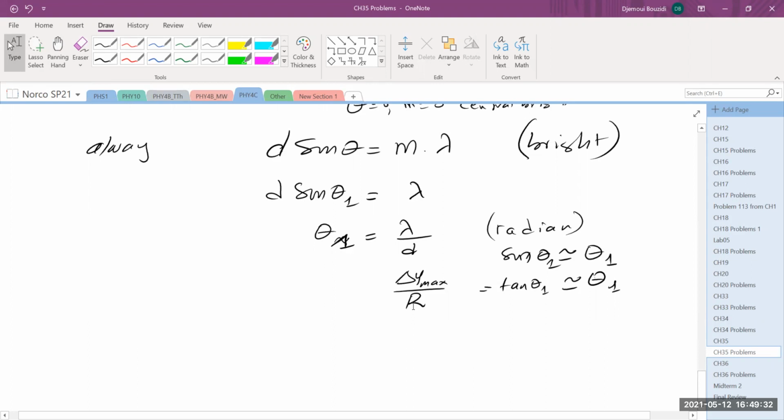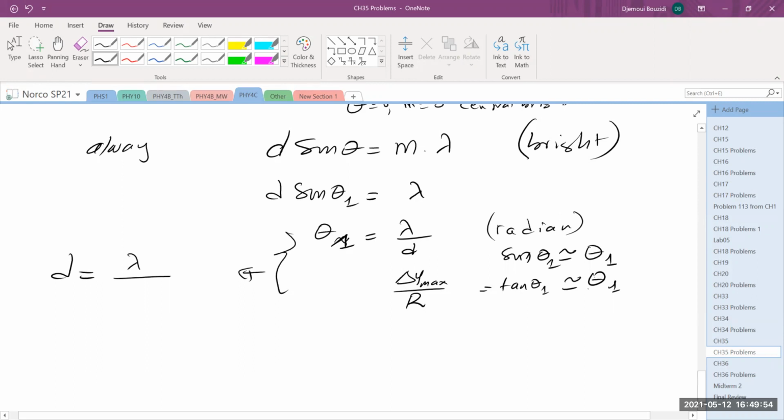So theta 1, plug it into this expression, and it's going to give me the distance d. As a matter of fact, the distance d from these two equations is going to be d is equal to lambda over theta 1. Theta 1 has to be in radians. It cannot be in degrees if you're going to use this expression.